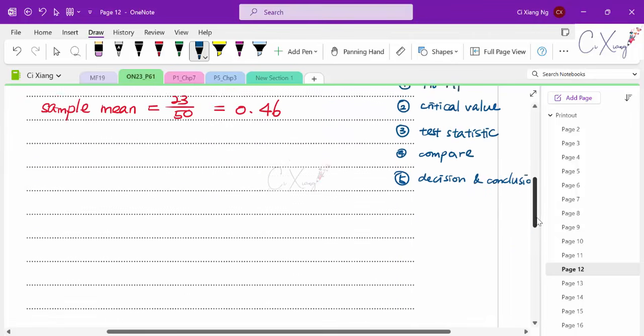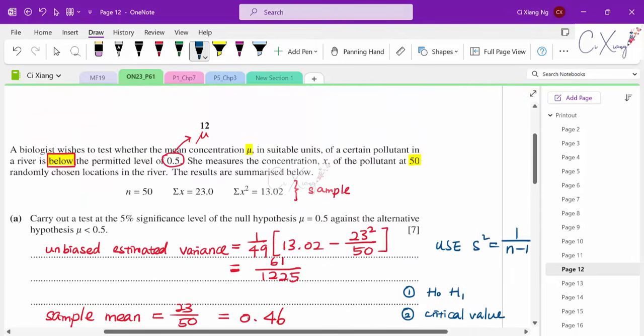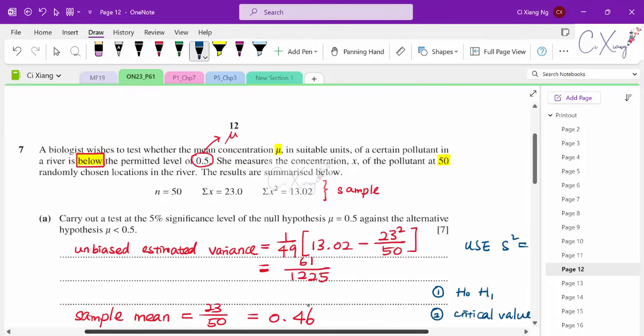So you can see that this is slightly different from what we discussed just now, because just now it was a discrete random variable, but for this one, we have a normal distribution. Maybe you will ask, hey, I didn't see the keyword normally distributed, so how can I assume that it is normally distributed?